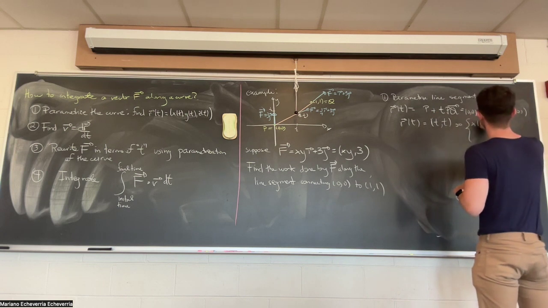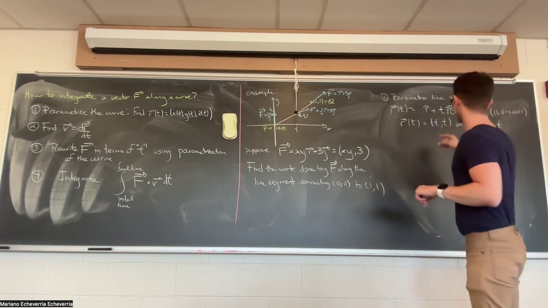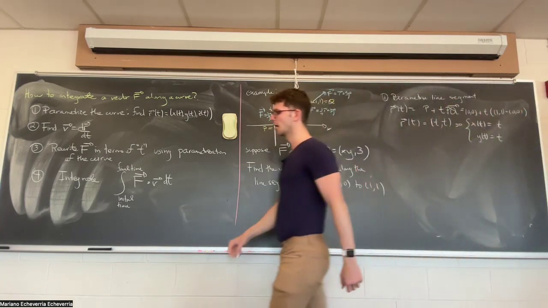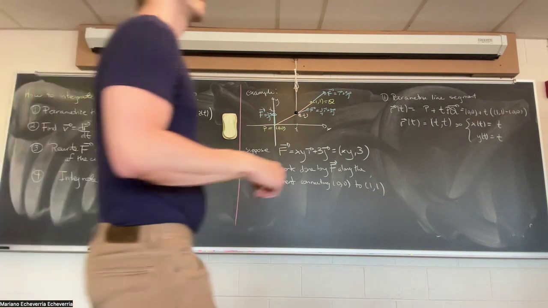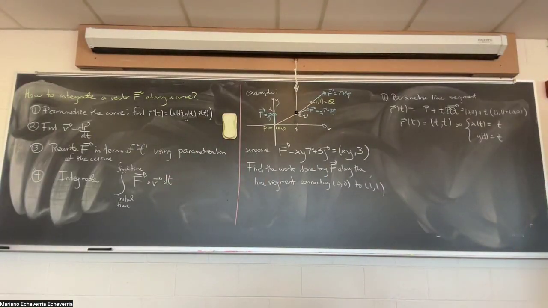If you prefer to write it as parametric equations, x of t equals t and y of t equals t. Either works well for what we're about to do, although it is easier to keep it as a vector because that way when we take derivatives we get something simpler to work with. So that is the parameterization of the line.